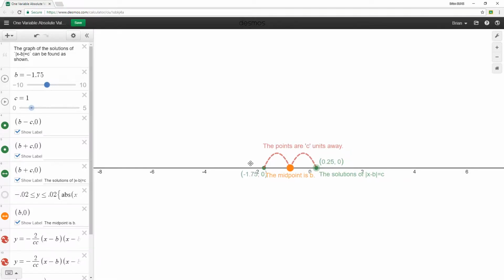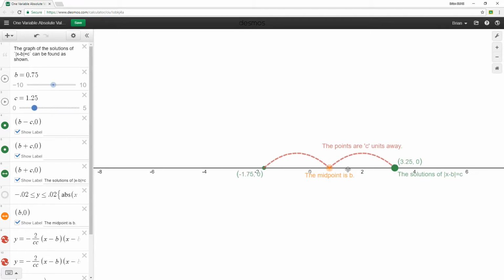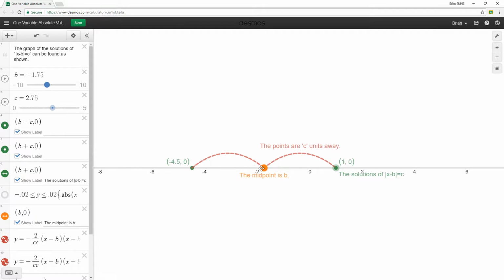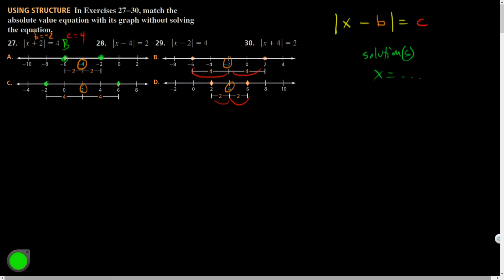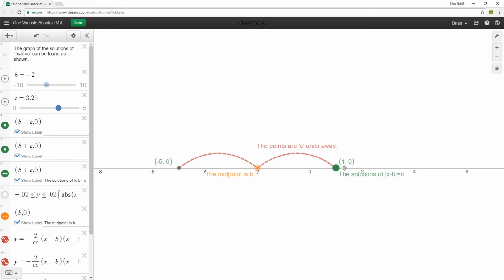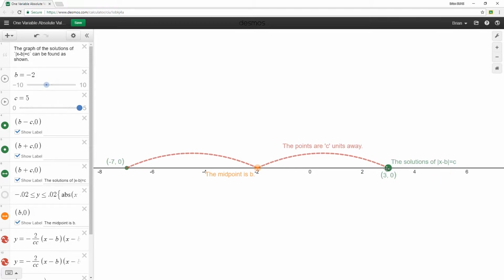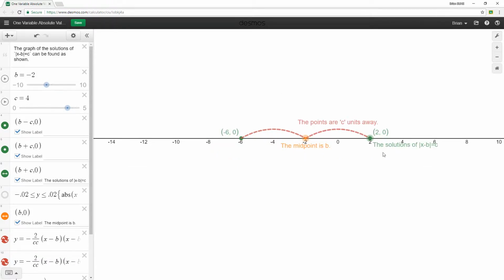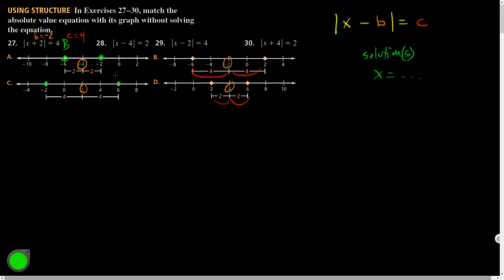So check this out. If I wanted to match that here with my little graph, x plus 2, the midpoint is at -2, and the distances are 4, so 4 units away. Actually, look, I've even got the slider over here, 4 units away. You can see I've got the same graph here, like so.